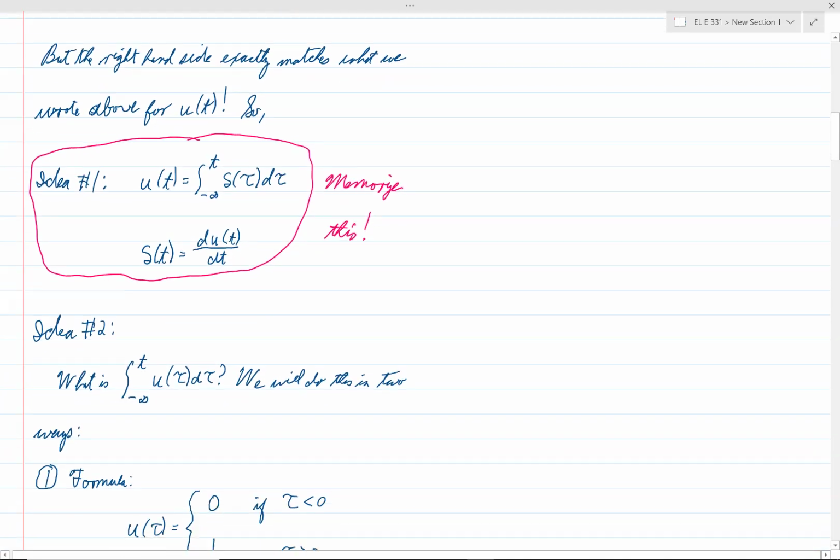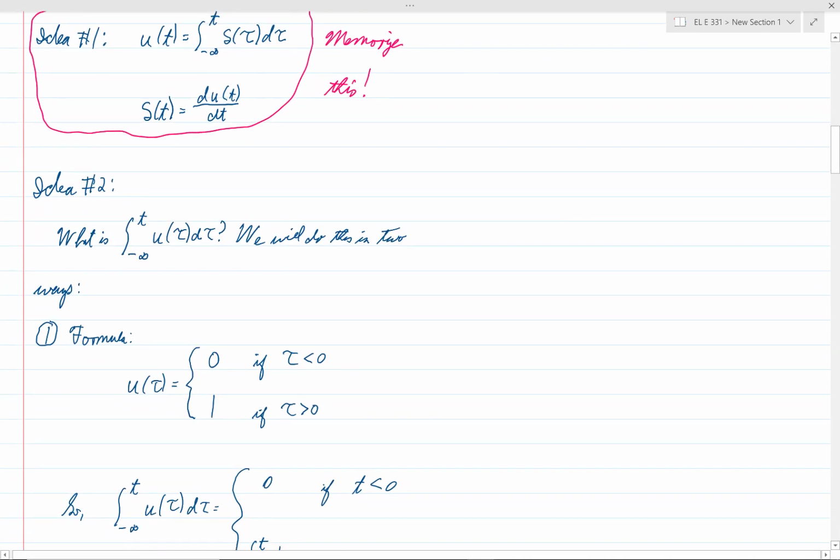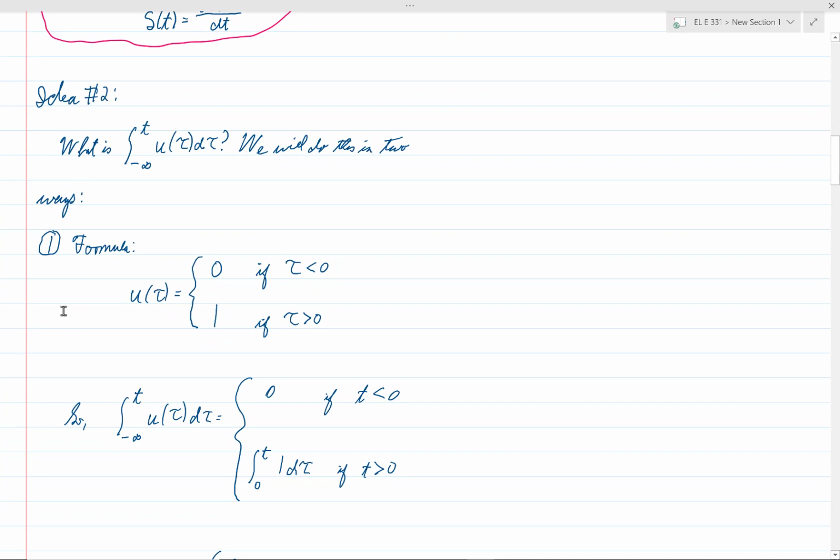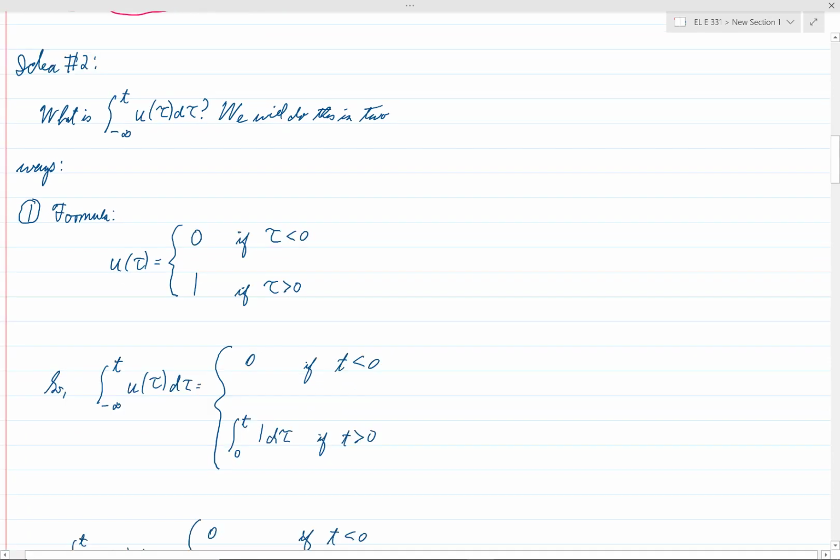Okay, well, idea number 2 is going to be a similar kind of idea, and it involves now the integral of u of tau d tau. And we're going to do this in 2 ways. First of all, we'll do it by formula, and then we'll do it graphically. So if we use a formula, recall again, u of tau is equal to 0 if tau is less than 0, and is equal to 1 if tau is greater than 0.